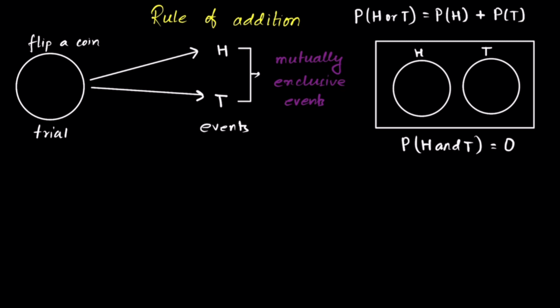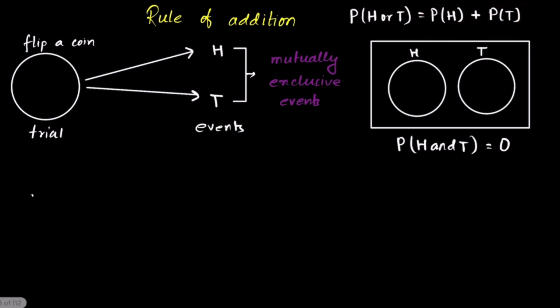So, mutually exclusive events are such events that never occur at the same time. And since they never occur at the same time, the probability of getting those two events at the same time is obviously 0. And the probability of the occurrence of two events can be calculated by simply adding the probability of each event. Let me give you another example.